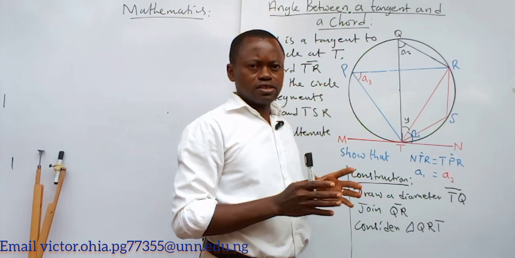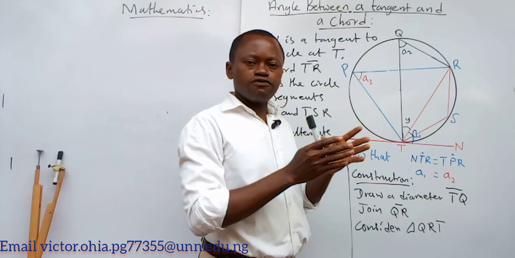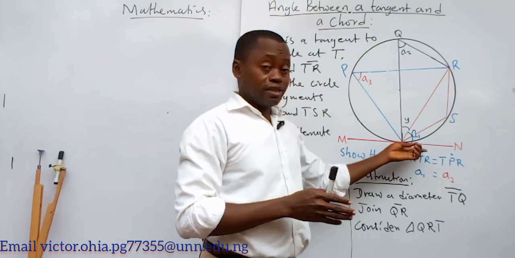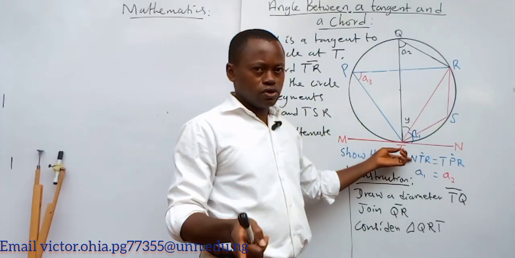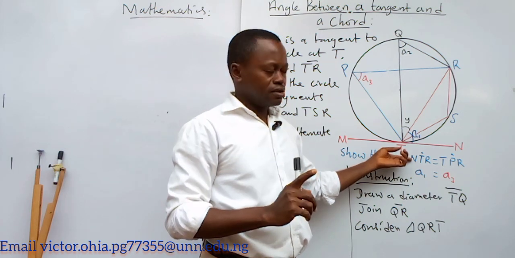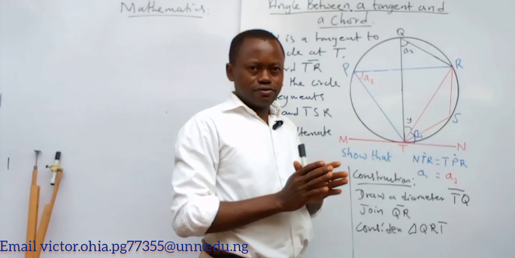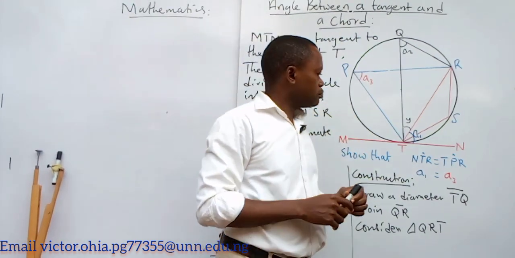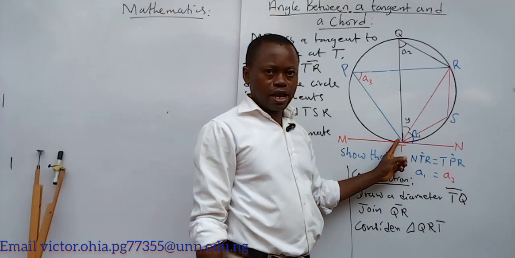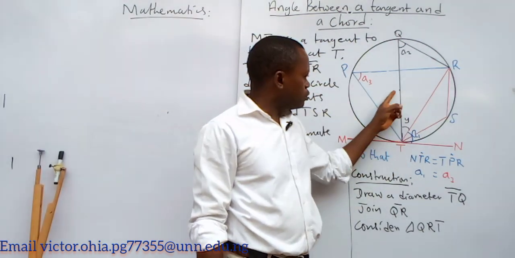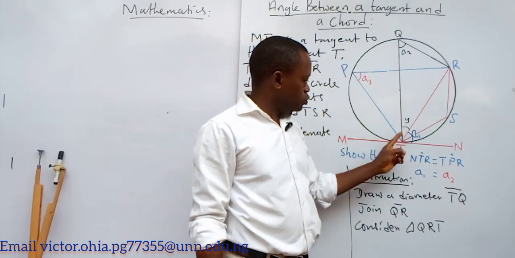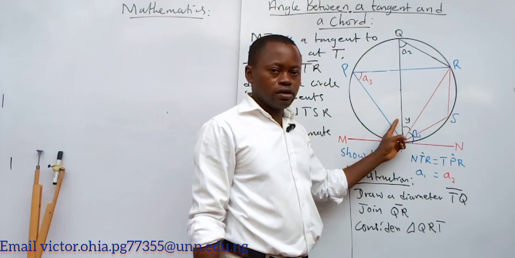There is a theorem that says a line drawn from the center of the circle to a tangent is perpendicular to it, meaning it is 90 degrees. Let me take it again for comprehension. In this triangle, this is a diameter. This line from the center of the circle to the tangent is a radius.